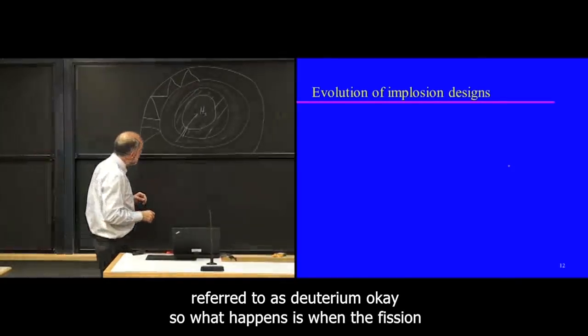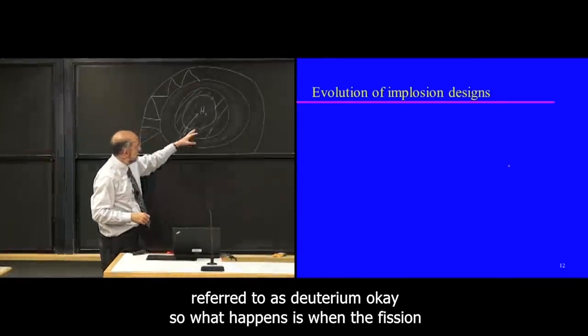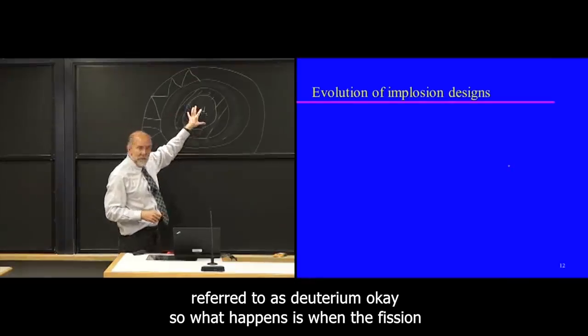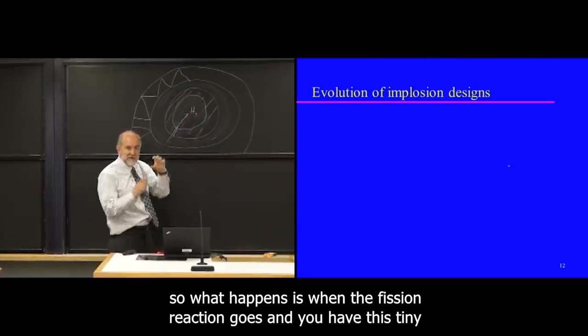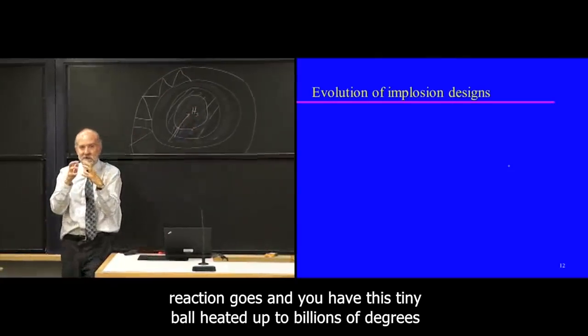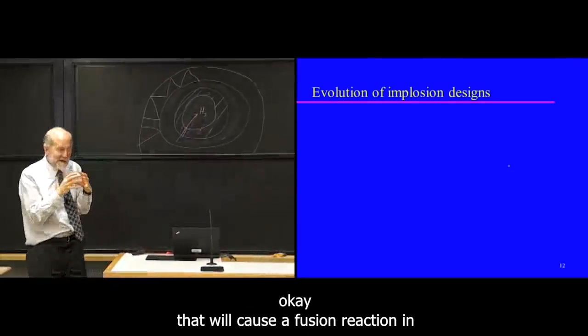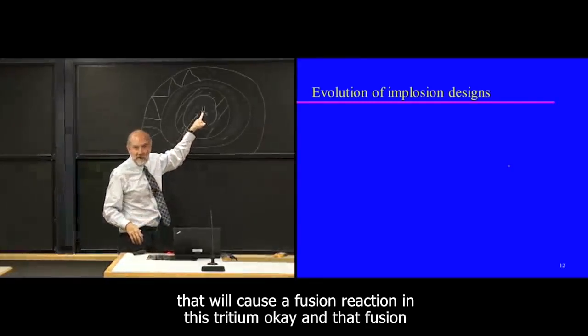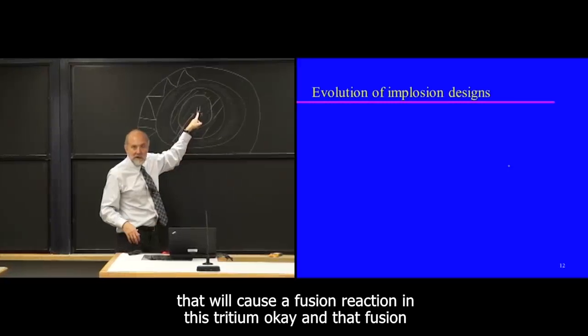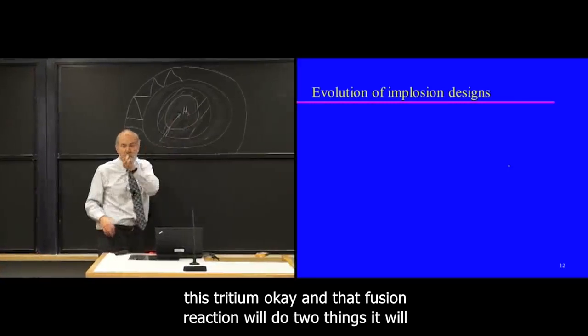So what happens is, when the fission reaction goes, and you have this tiny ball heated up to billions of degrees, that will cause a fusion reaction in this tritium. And that fusion reaction will do 2 things.